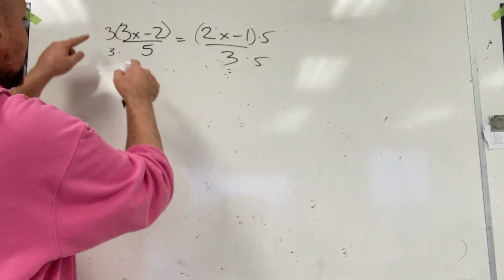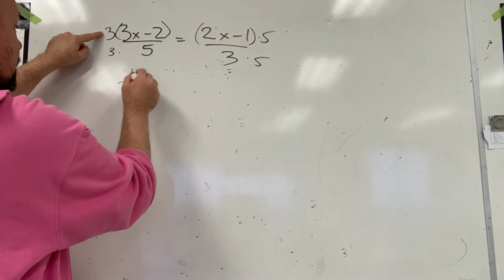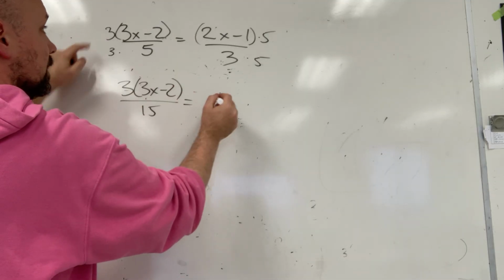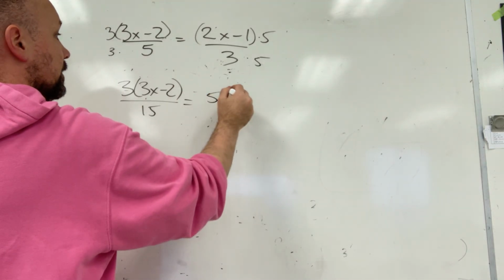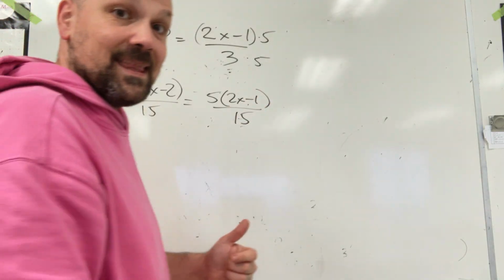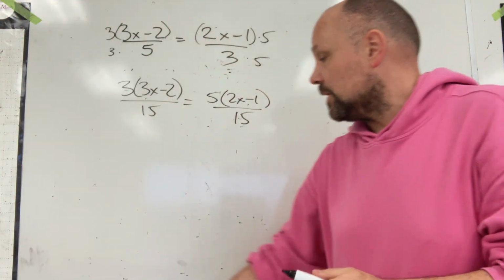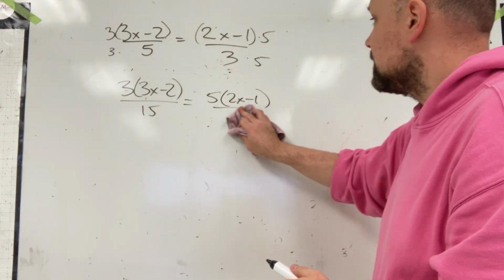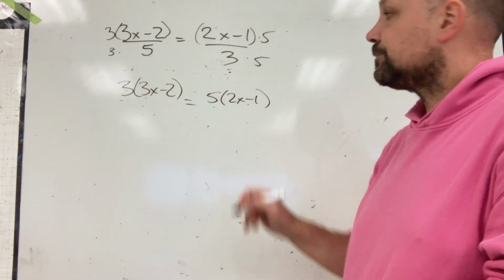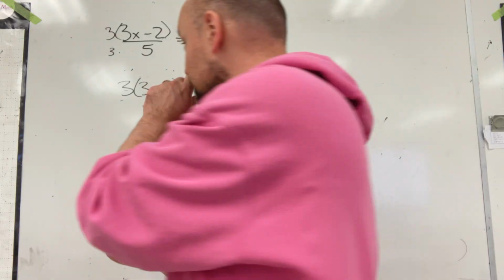And so that gives me (3x - 2)/15 is equal to (2x - 1)/15. And once I get that, then I can just forget about the denominators because I can multiply both sides by 15 and be done. All right?